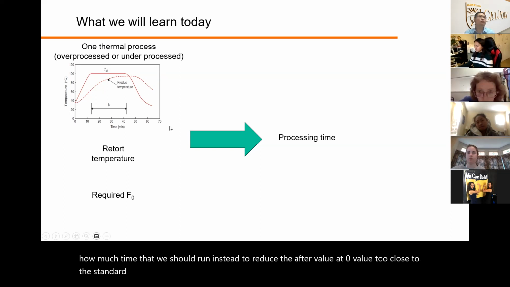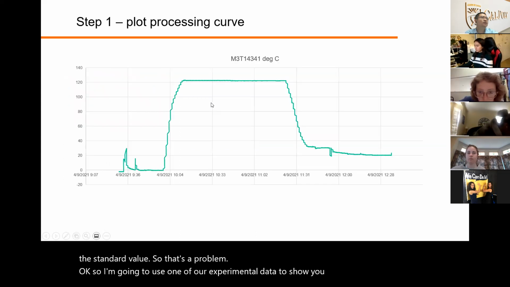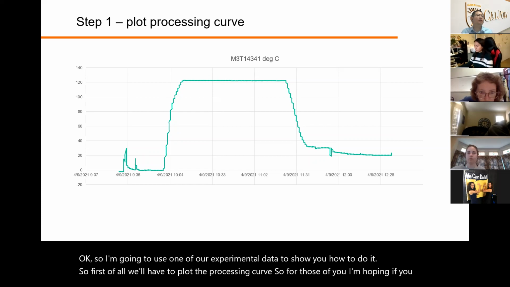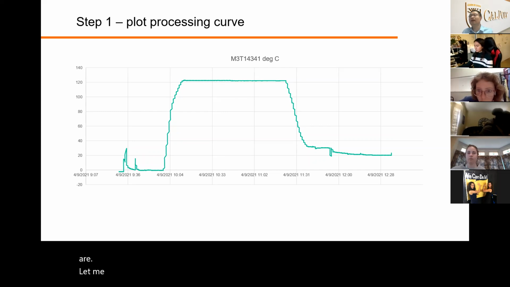So that's the problem. Okay, so I'm going to use one of our experimental data to show you how to do it. First of all, we'll have to plot the processing curve. For those of you, I'm hoping you can, let me see, do you all have Excel, right?